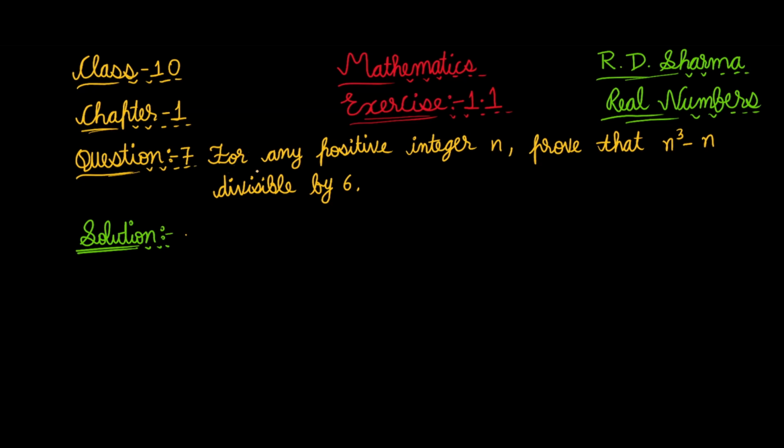So the question is, for any positive integer n, prove that n cube minus n is divisible by 6.